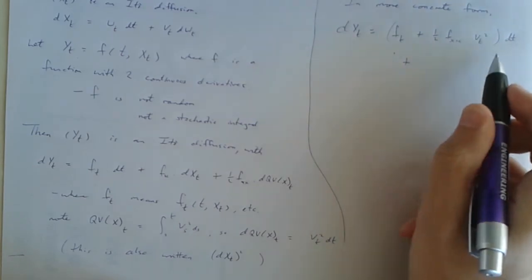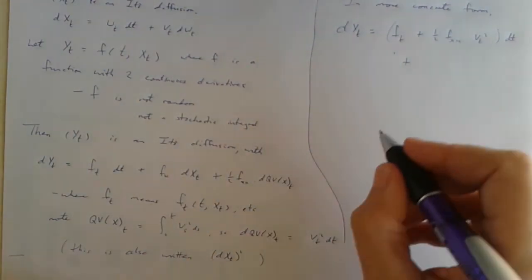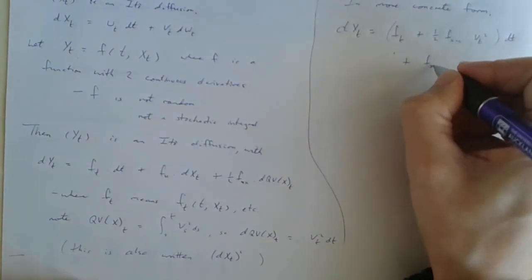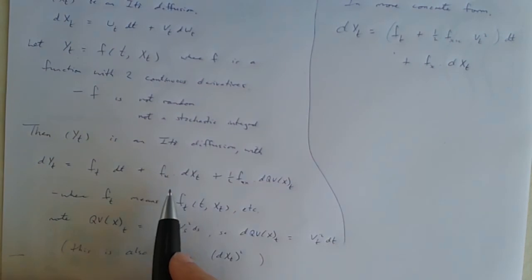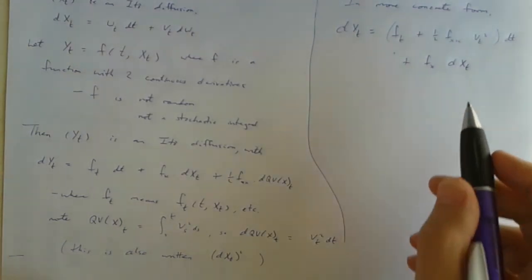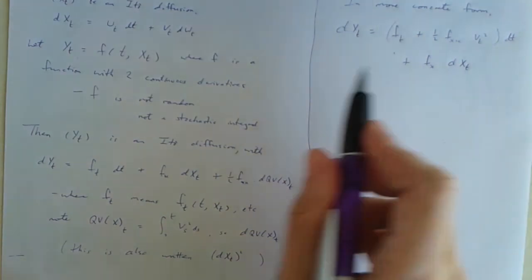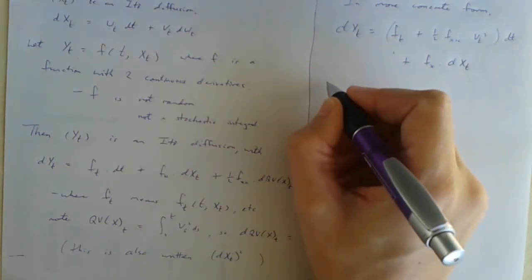So there's the dt terms all combined together. Plus this other dx_t term like so. Or we could go one step further, because dx_t is actually given back here as u_t dt plus v_t dW_t.